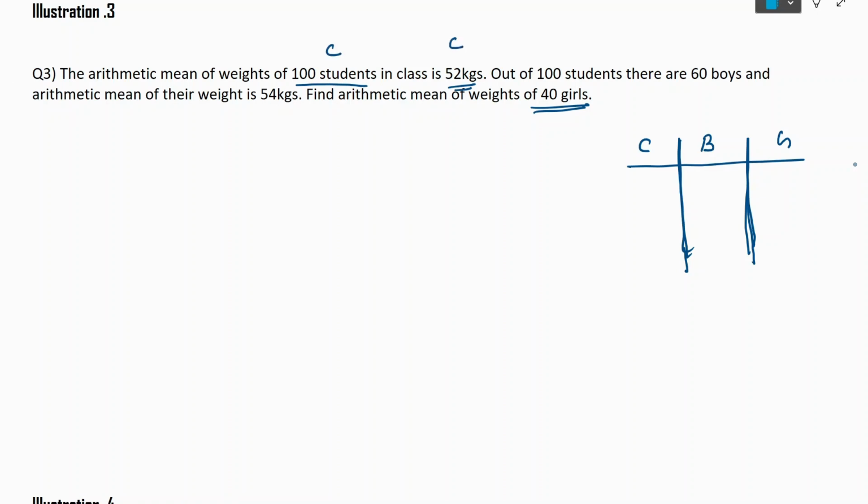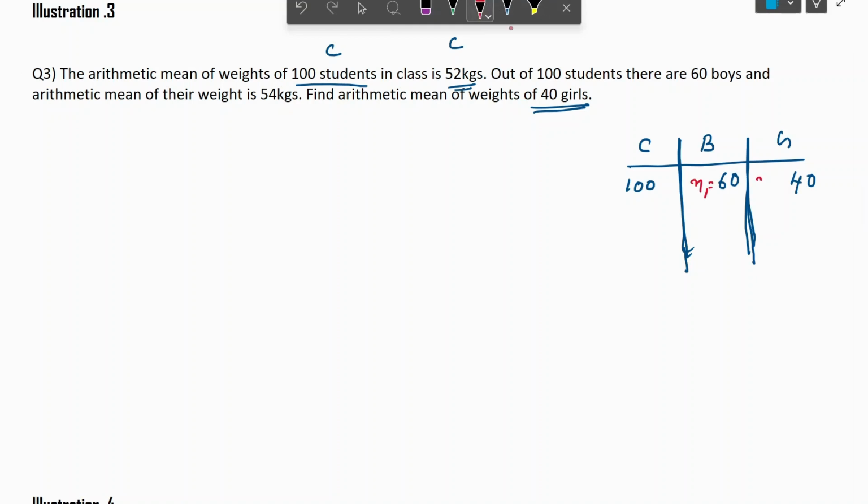For the combined, that means boys and girls, how many students are there? 100. Out of 100, how many are boys? 60 are boys. Therefore, definitely 40 are going to be girls. It is given 40. Therefore, 60 is N1, and this is your N1 and this is your N2. Now, 100 means that is N1 plus N2.